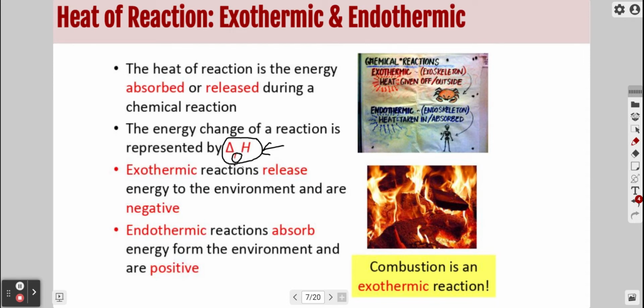Exothermic reactions release energy that we can use and capture to create electricity, or use to heat our home. Endothermic reactions absorb energy from the environment, so these are not great reactions. We don't want those if we're trying to create energy for our usage.